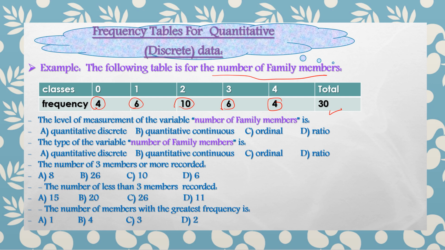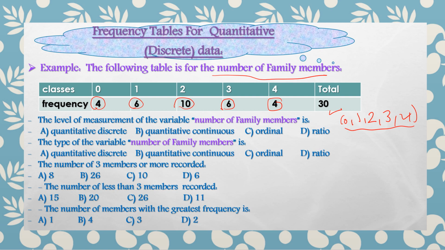The level of measurement of the variable number of family members. The variable of family members, as we just said, is a quantitative discrete variable, as it takes integer values, which are 0, 1, 2, 3, 4. So all these values are integer values. So this is a discrete variable.